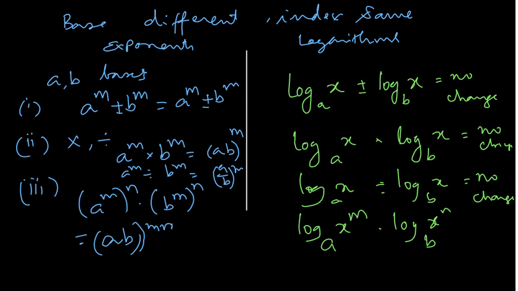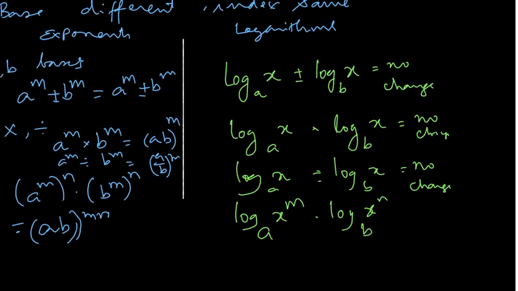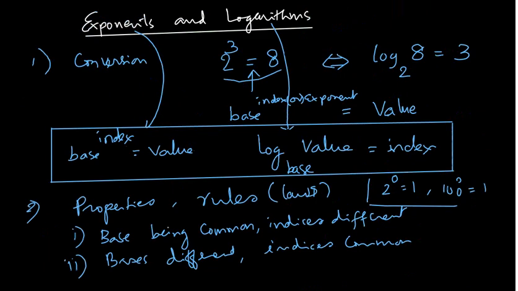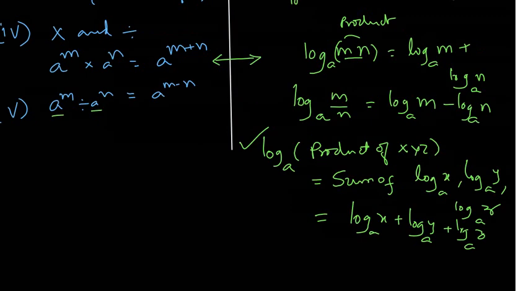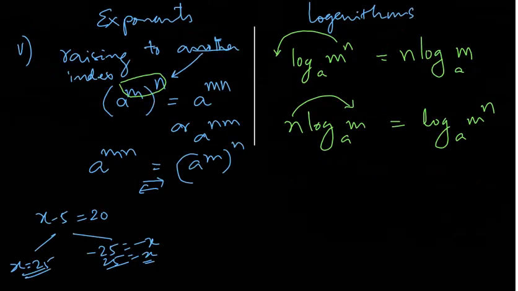What at the most we can do here in this case is you can bring the m to the front and n to the front, but you can't do any other thing. Got it, right? So these are all the rules what we have. Now go back where I said the bases are different, indices are common. Okay, this is the one we talked about just now.